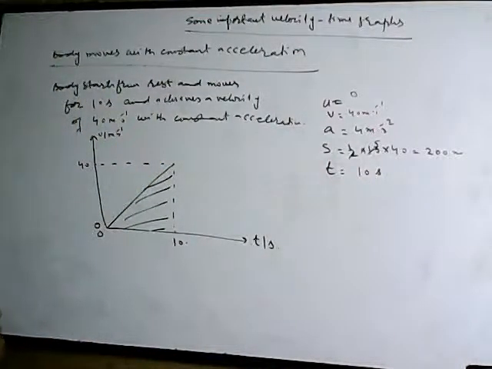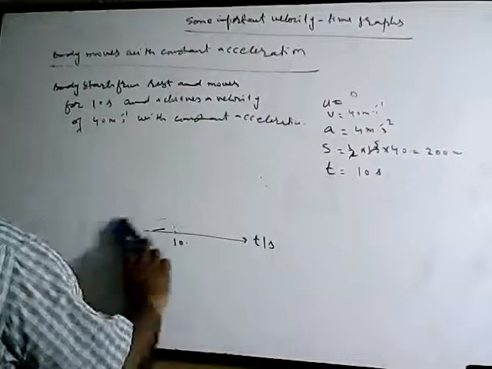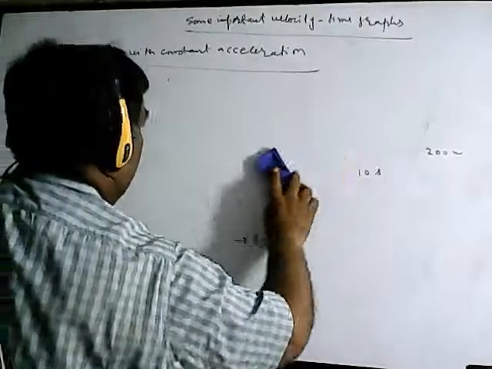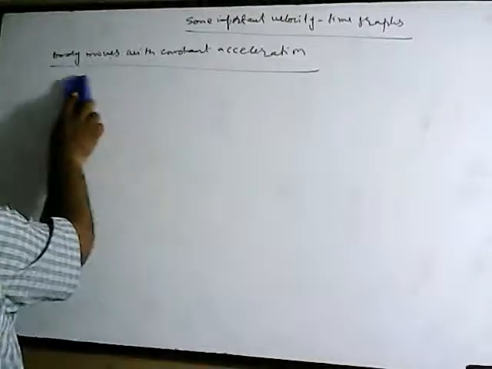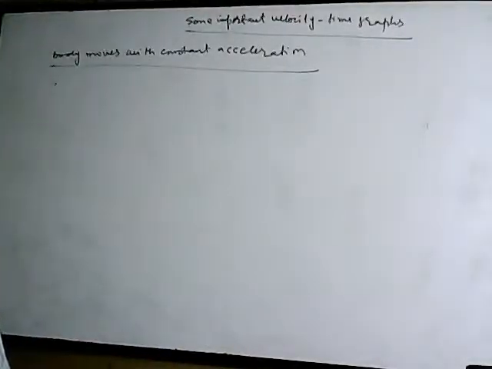Anything, suppose if the graph is given, you can always find that thing. If the words are there, you should always be able to sketch a graph of that.